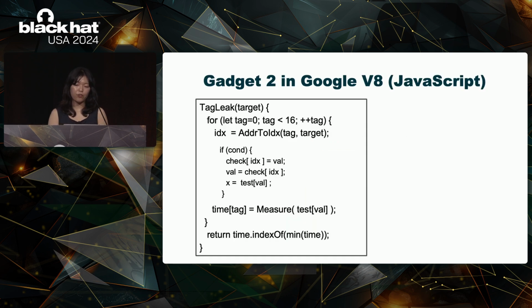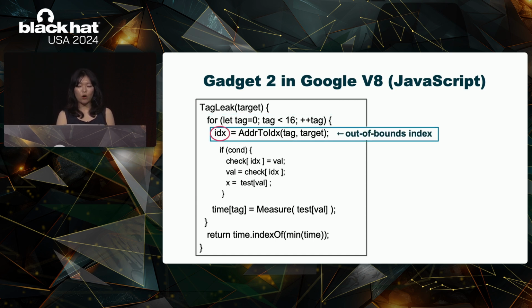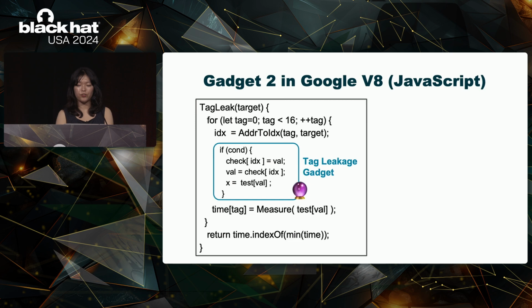To exploit this gadget, the attacker can construct a tag leakage function like this, which leaks the tag of an arbitrary target address. The function iterates over all possible tag values from 0 to 15. Then it creates an out-of-bound index for the tag value and the target address. Then the function triggers the speculative execution with the tag leakage gadget.